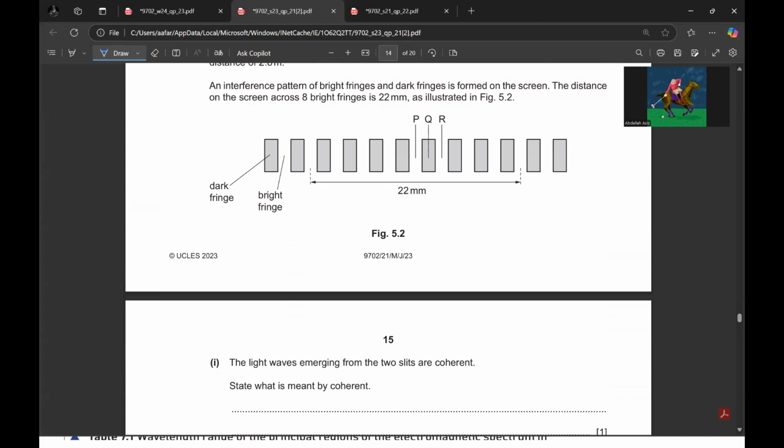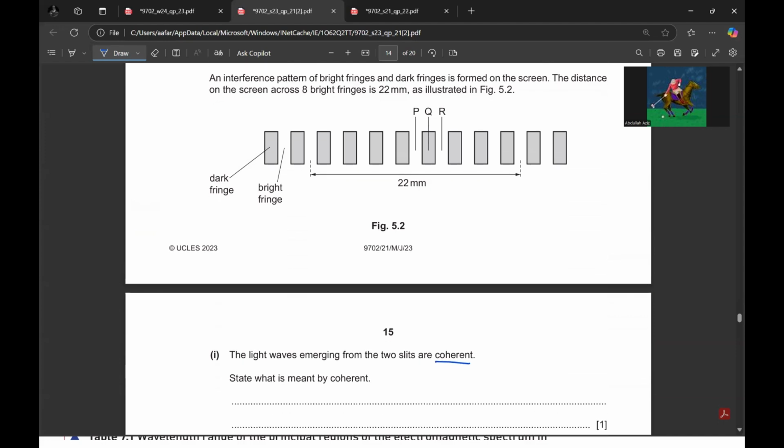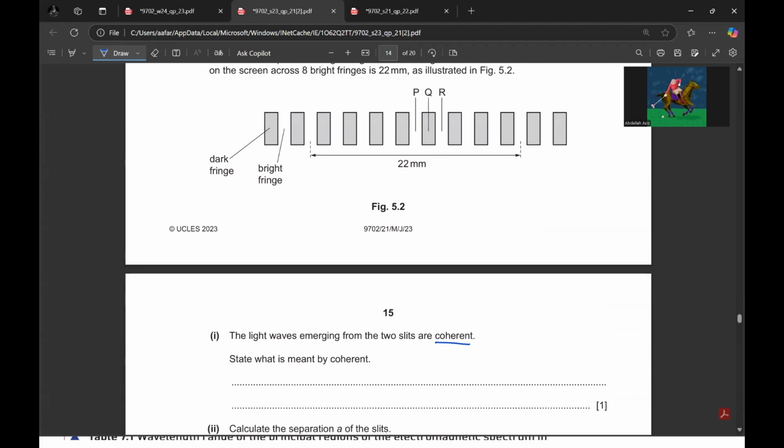The light waves emerging from the two slits are coherent. So basically, there is interference happening. What is meant by coherent? When two waves have a constant phase difference, it will remain like this. It won't happen that the wave is going through constant over here, then suddenly something changes and it becomes like this.